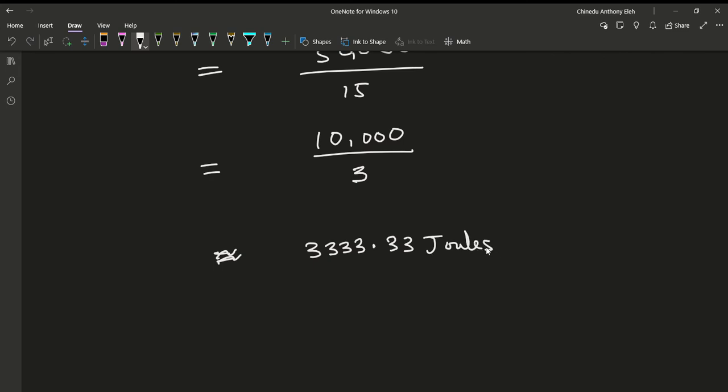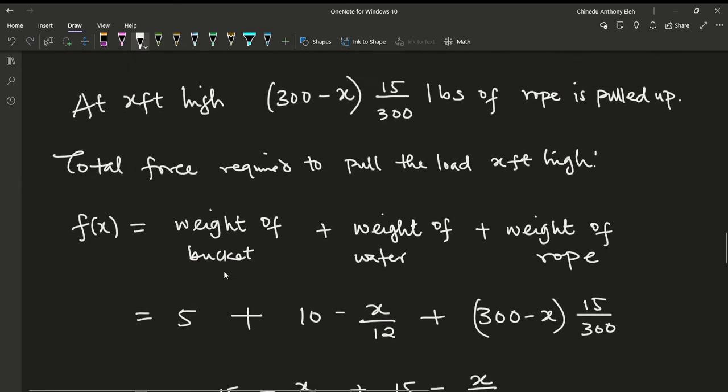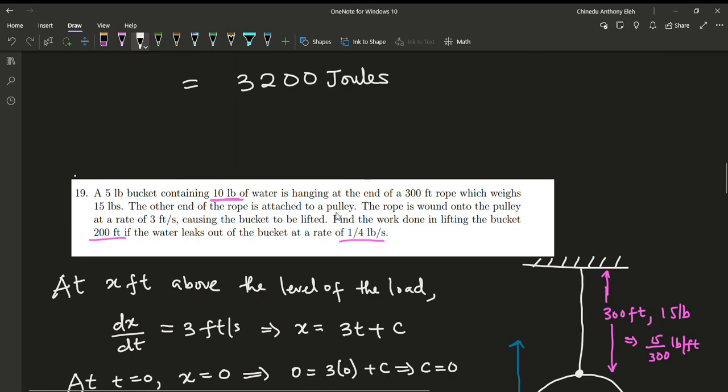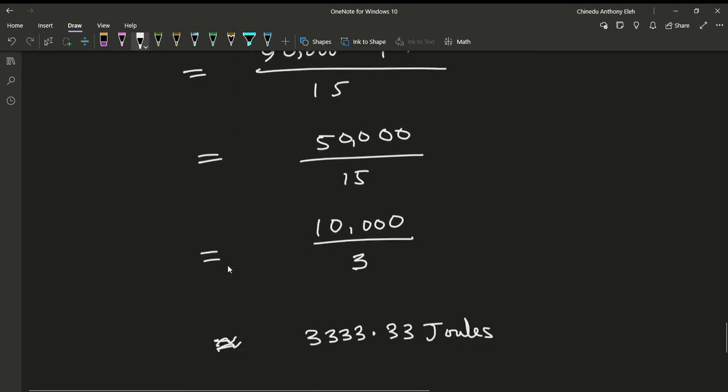So this is the amount of work that is required to raise this load, as the setup is 200 feet high.